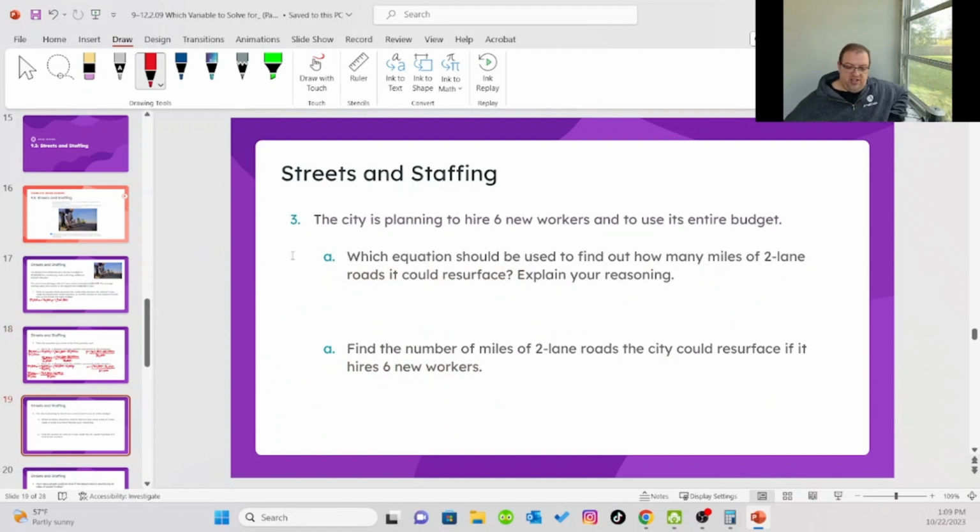The city is planning to hire 6 new workers and to use its entire budget. Which equation should be used to find out how many miles of 2-lane roads it could resurface? Explain your reasoning. If we want to find out how many miles, we would use the M equals equation.